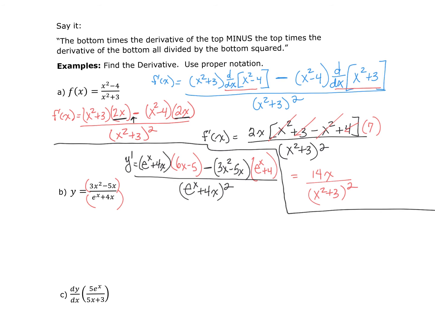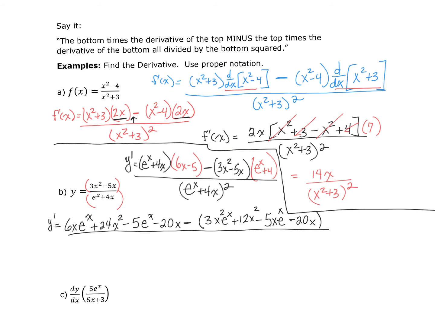So that's going to give us y prime equals 6x e to the x plus 24x squared minus 5e to the x minus 20x minus, notice I'm keeping this in parentheses, 3x squared e to the x plus 12x squared minus 5x e to the x minus 20x all over our e to the x plus 4x squared.